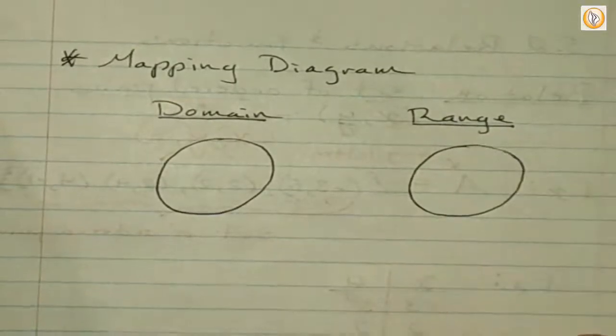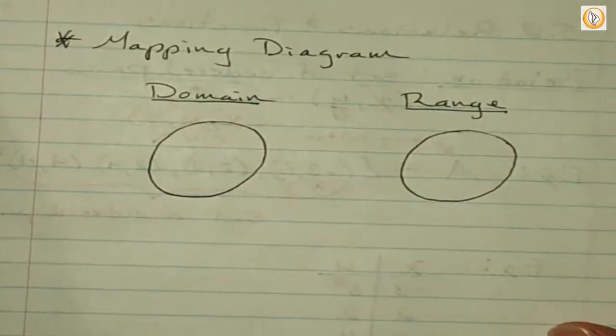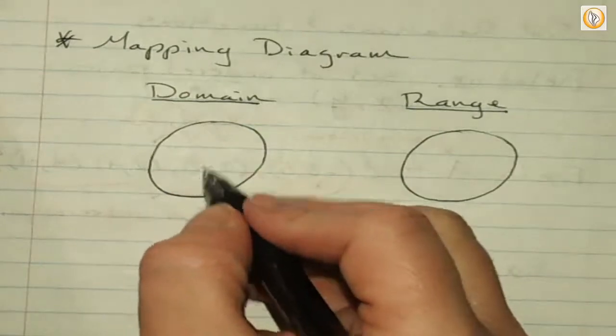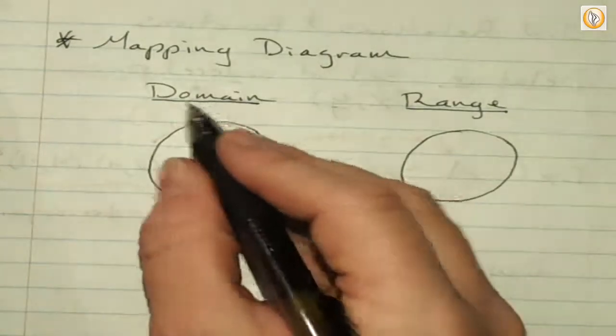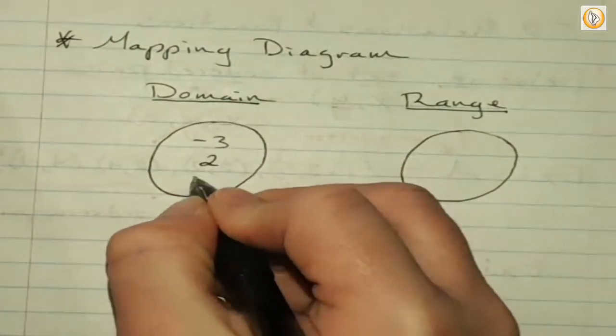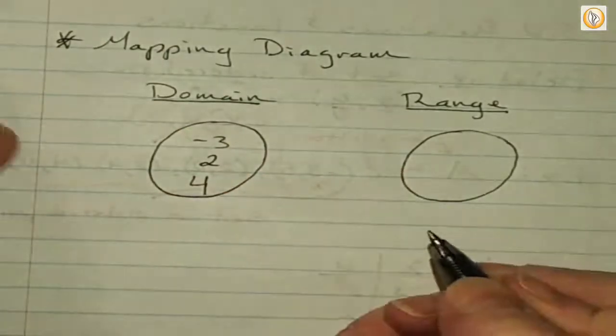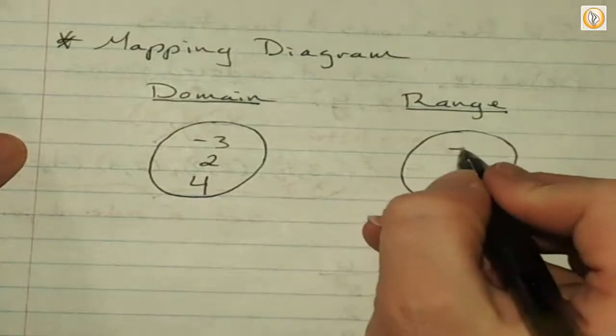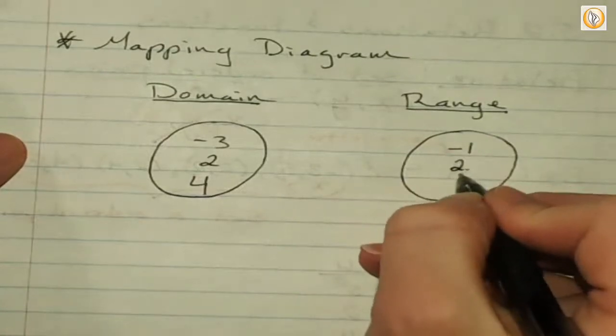I'm using the same data from the same original ordered pairs. So I'm going to list here the same domain, which is your X, in order from least to greatest, with no repeats. And over here are my Y's.